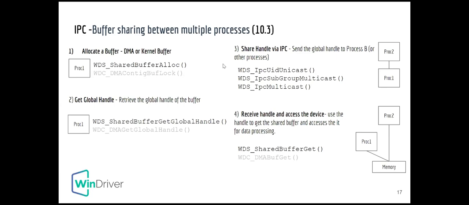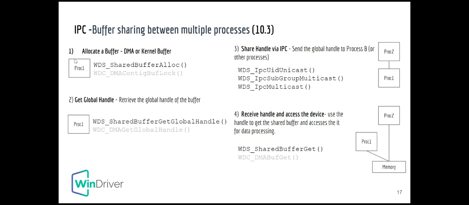Another thing I want us to cover when talking about IPC is the buffer sharing between multiple processes. As I said, one of the processes is connected to the device and it transfers data, and it can be allocated during a DMA session or just be a simple kernel buffer.